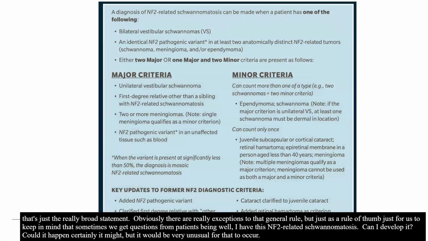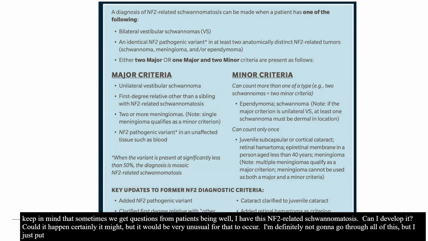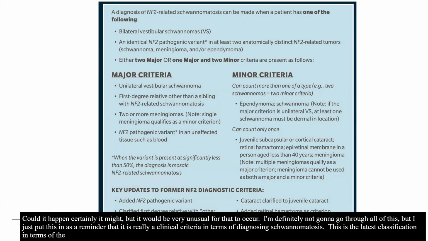I am definitely not going to go through all of this, but I just put this in as a reminder that it is really a clinical criteria in terms of diagnosing schwannomatoses. This is the latest classification in terms of the criteria that we use. You can either have bilateral vestibular schwannomas, for NF2 in particular.